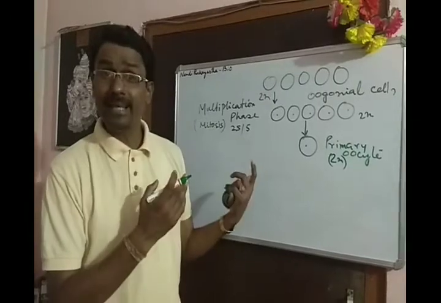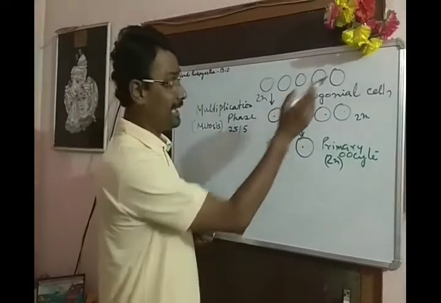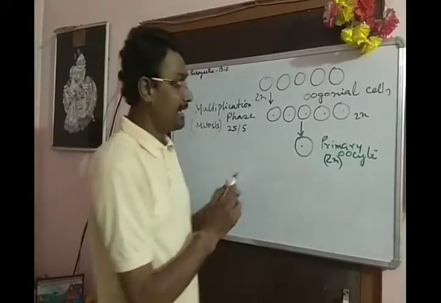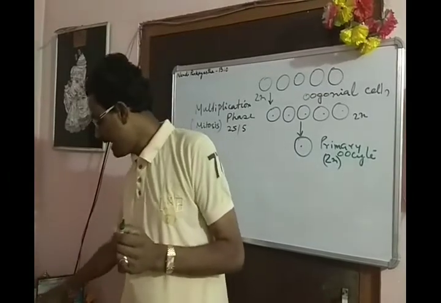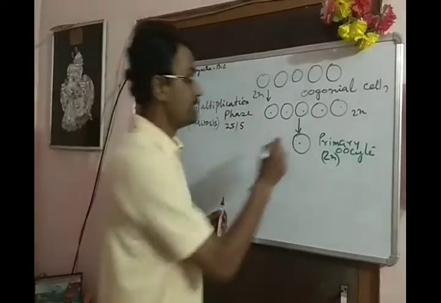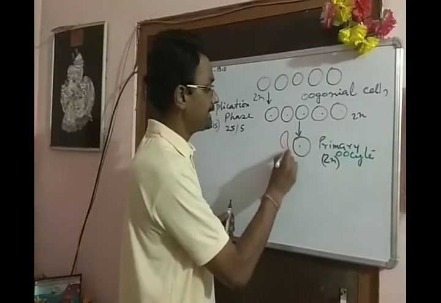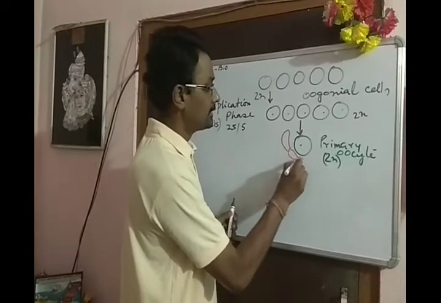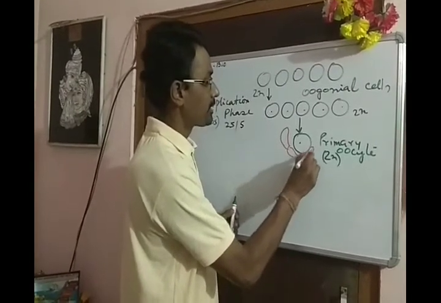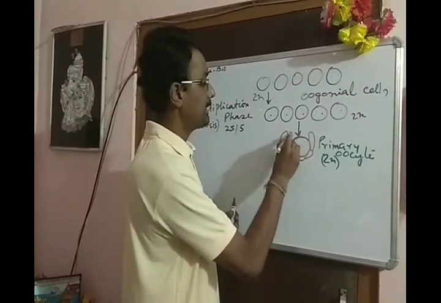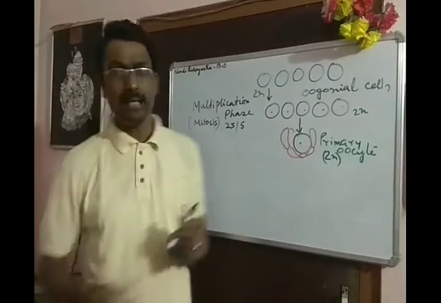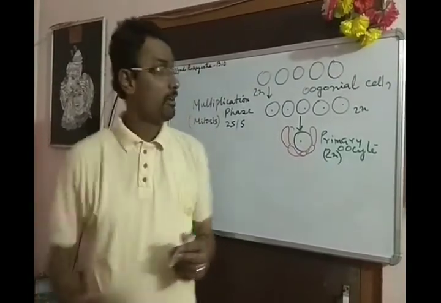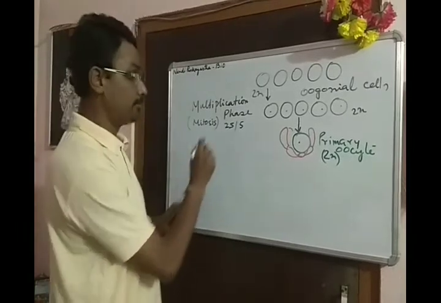What happens to the other cells? The other oogonial cells form a layer around the primary oocyte like this, and it forms the primary follicle. Here I am drawing it.